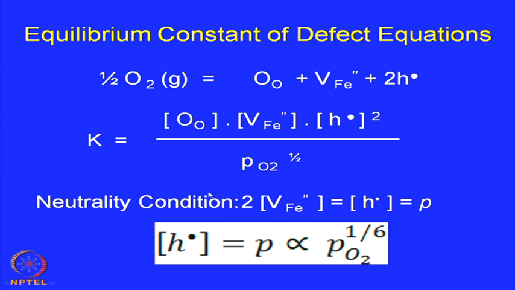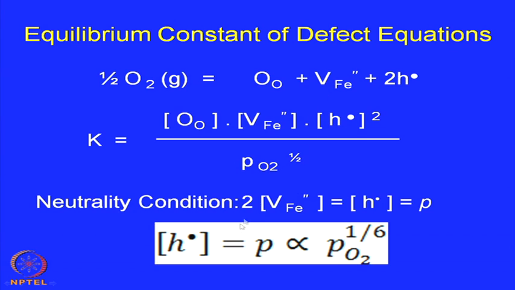And the neutrality condition here is that from this equation itself you will find for each metal vacancy or iron vacancy you are generating 2 holes. So, the concentration of holes is double this, okay, that is what is written. The concentration of the holes is twice that of this.